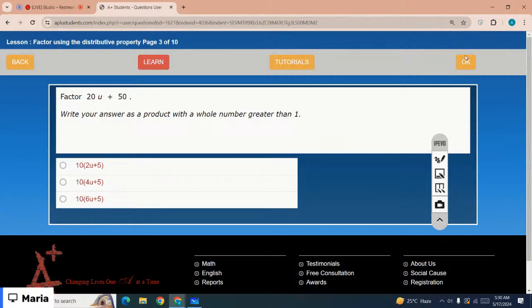Factor 20u plus 50, which is the correct option?